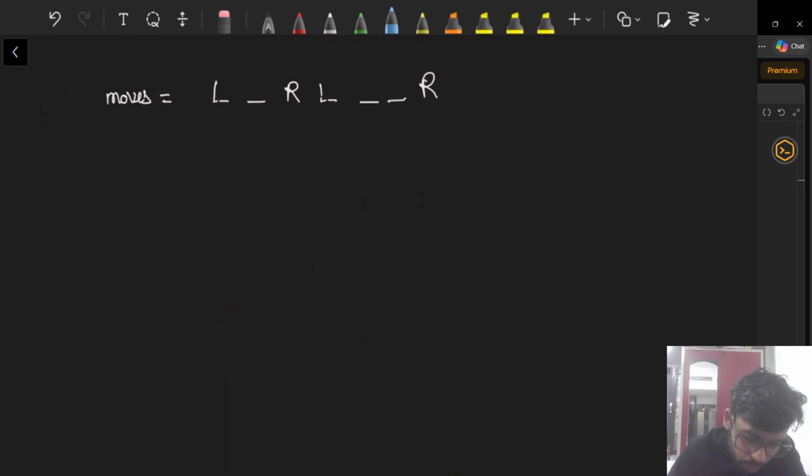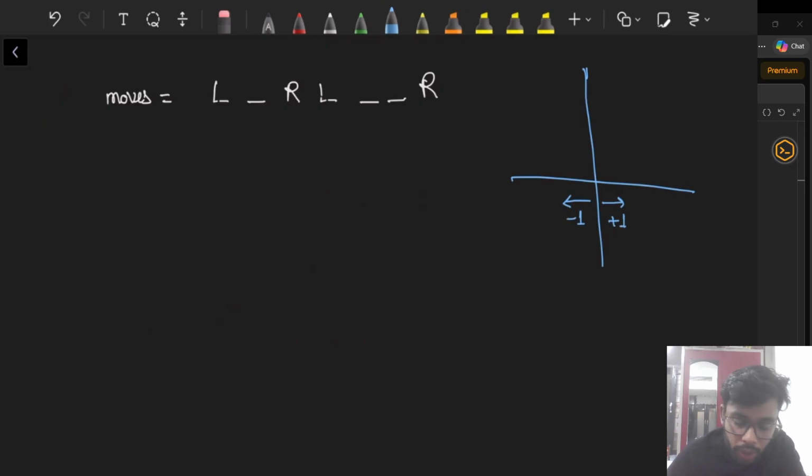We know it's a number line, so if we move right, we will be incrementing the count, and if we move left, we will be decrementing the count, and we have to get the absolute value of the distance.